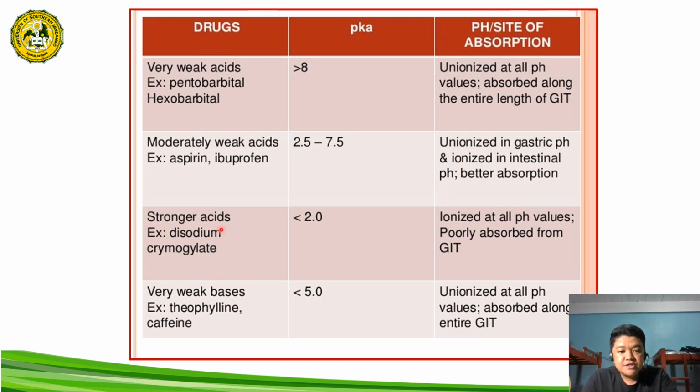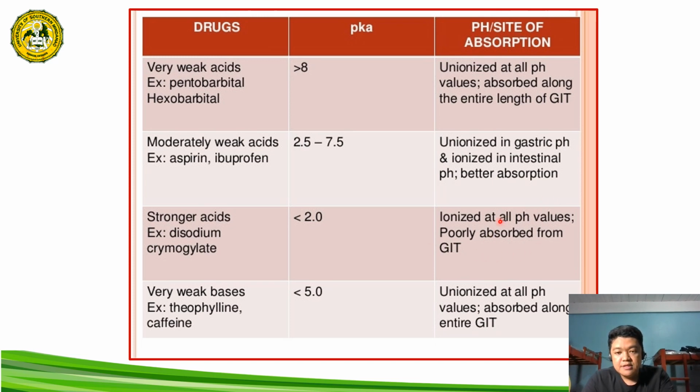For drugs that are stronger acids with a pKa value of less than 2, what will happen is it will be ionized at all pH levels. As we have discussed earlier, when we increase the pH of an acidic drug beyond its pKa value, there will be an increase in the ionization of our drug.